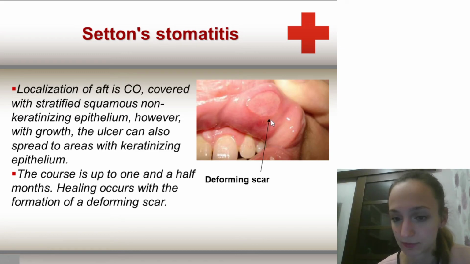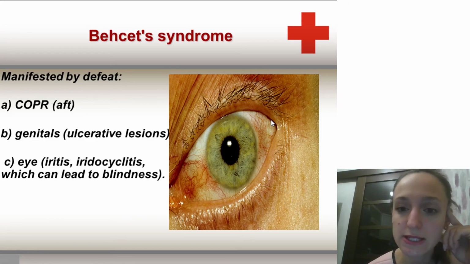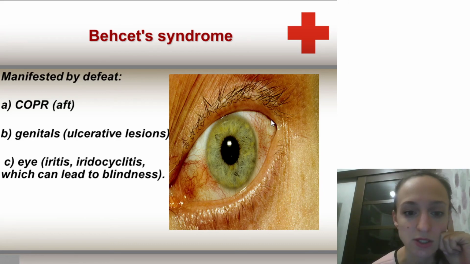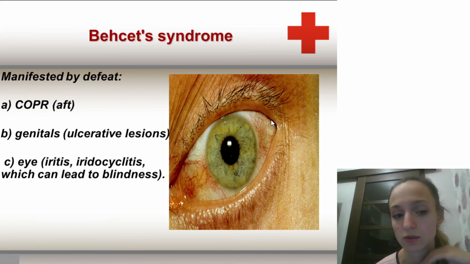Look, please. Behcet syndrome. Manifested by aphthae, it is ulcerative lesions, and also lesions that localize on the eyes.